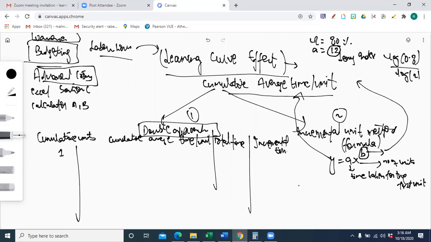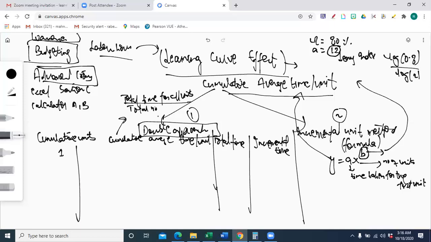Okay, so this will be the total time for all the units, and this will be the average time. How is average time calculated? Basically, total time for all the units divided by total number of units. That's how you calculate the average time per unit.